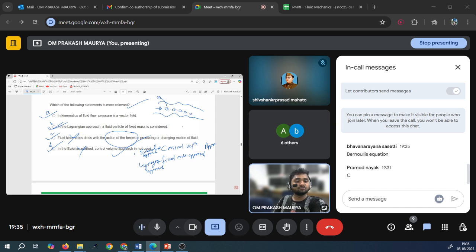Your instrument is tracking a particular fixed mass. Such an approach is known as the Lagrangian approach.